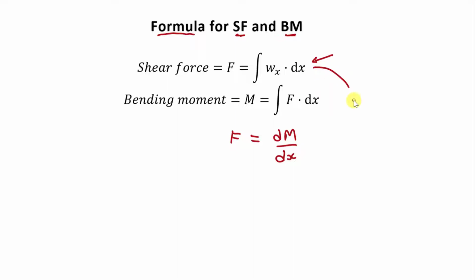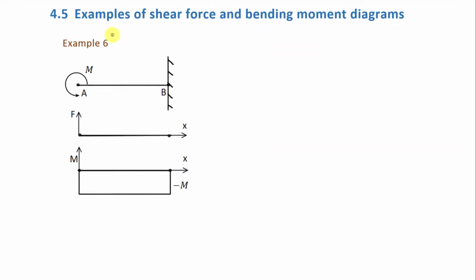And from here we can write that Wx is equal to dF divided by dx. You have to remember all these formulas, okay? Because these are very important formulas that we are going to use in the examples of shear force and bending moment diagram. Now we are going to solve some examples of shear force and bending moment diagram.